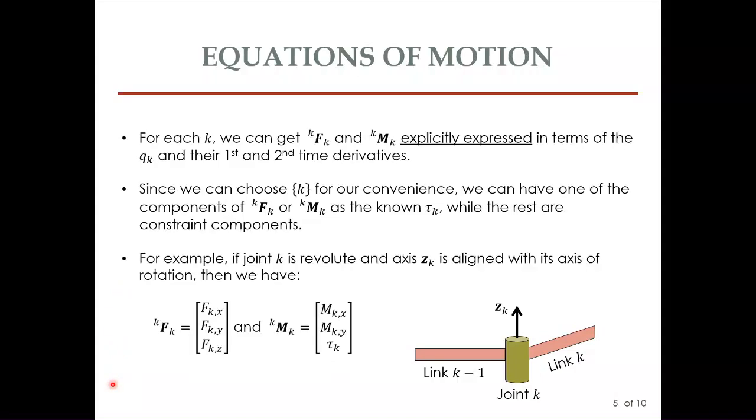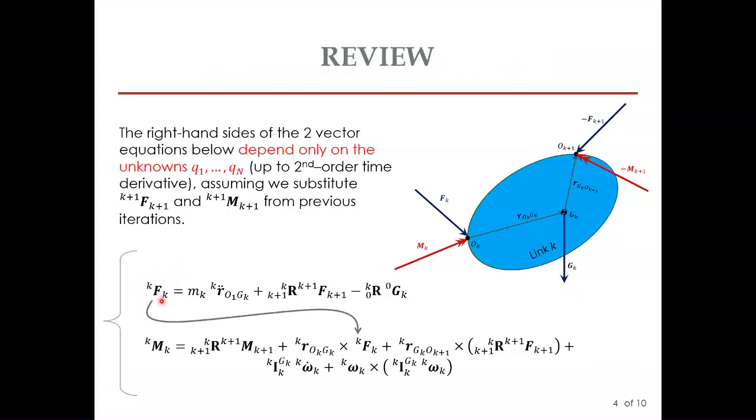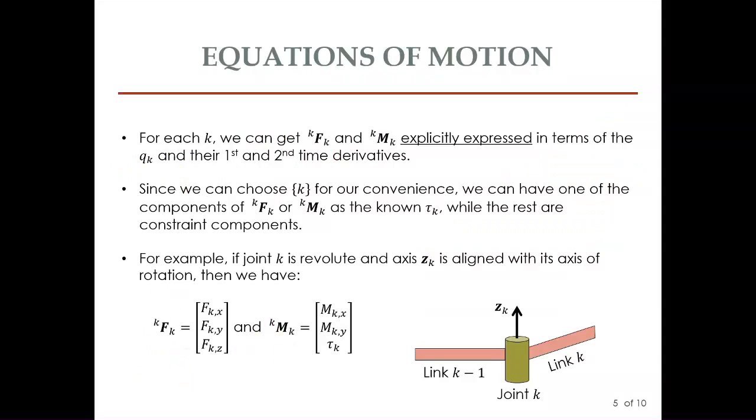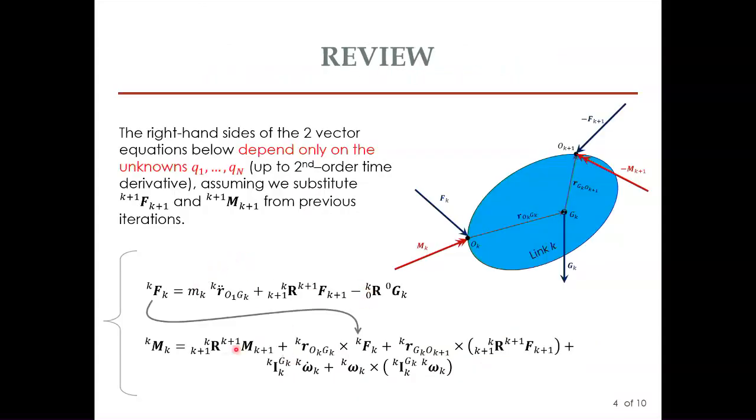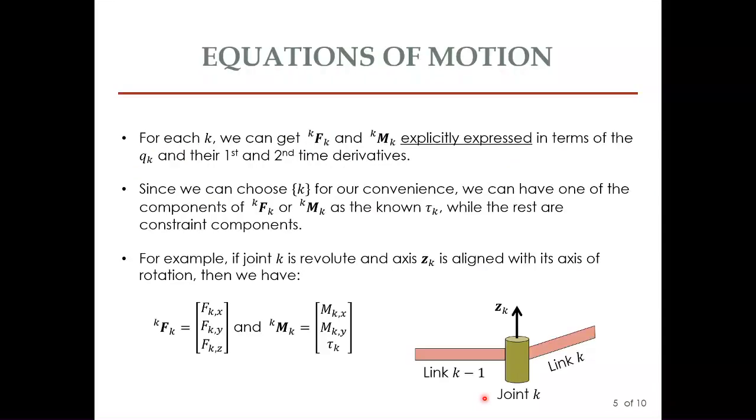Now, because for every link you were able to find fk and mk in frame k, you can write this fk and mk like this, where one of their components is this known tau k. Okay, and the right-hand sides are all known expressions of your q1 until qn and their first and second time derivatives. All right.